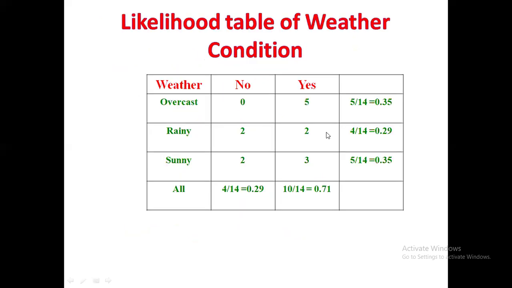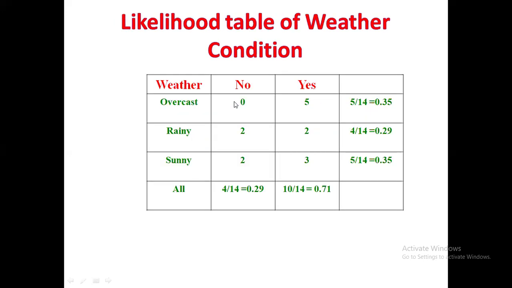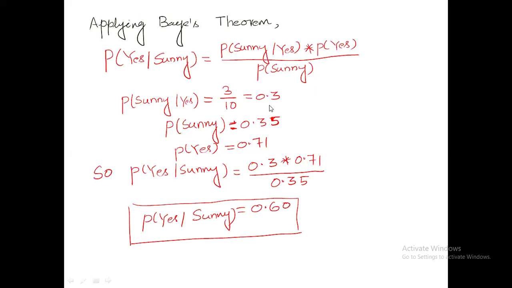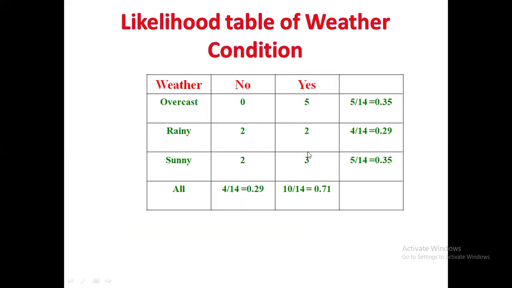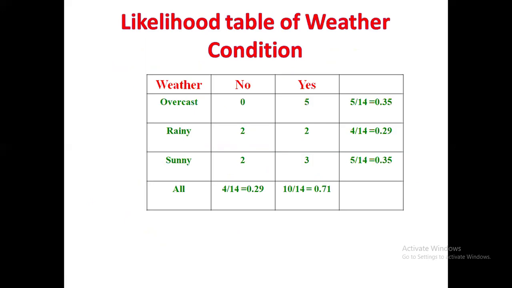And the probability of sunny given yes, what is the value? How many sunny values are there? So 3. So 3 divided by total yes, how many are there? 10. So out of 10, 3 is sunny with play equal to yes. So we are writing 3 by 10 is equal to 0.3. And the probability of sunny alone, whether it is no or yes, is 0.35.